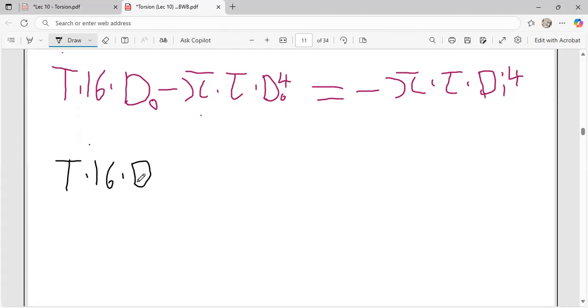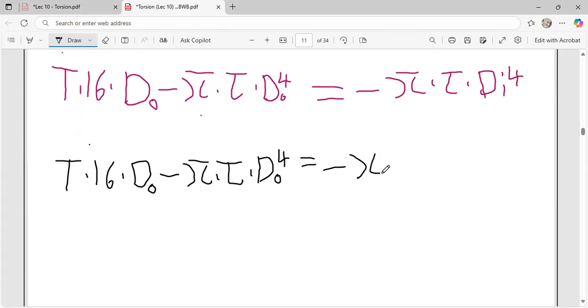So this is going to become like this. You have to divide both sides by the same thing.